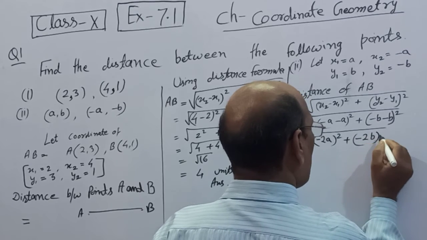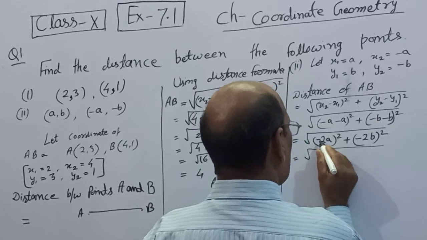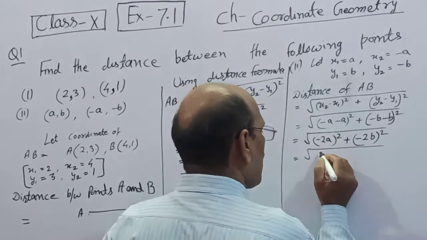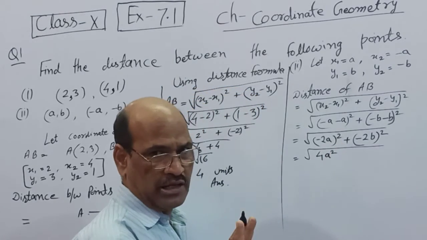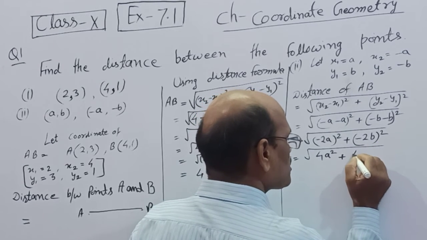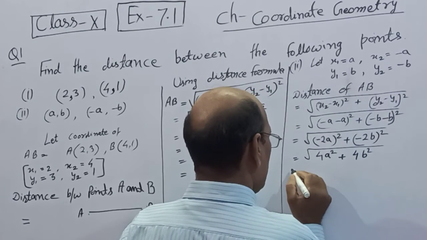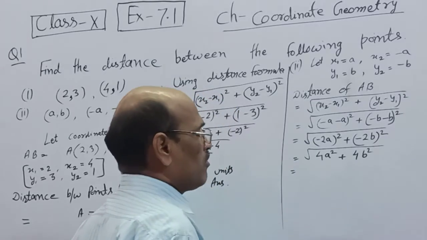It means under root, minus 2a whole square means 2 2 is 4, 4a square, plus, and again minus 2b whole square means 4b square. Therefore 4a square plus 4b square.